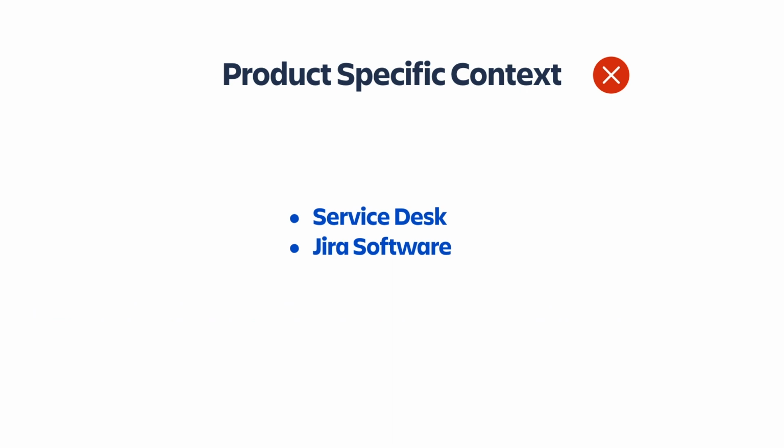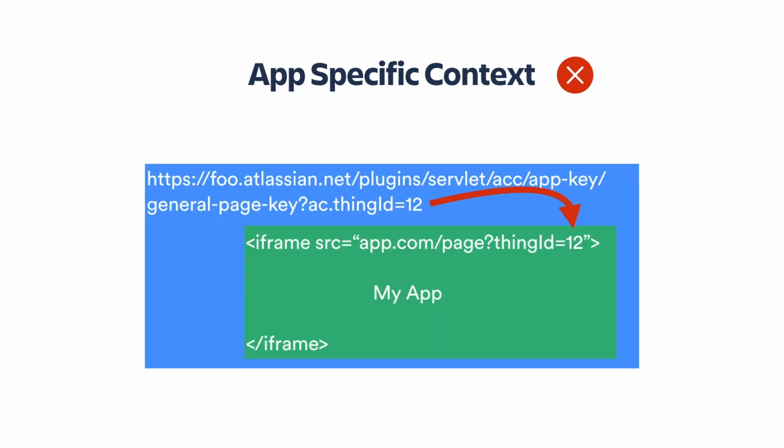The context objects returned by the new APIs don't yet have attributes specific to Service Desk and Jira software. So for example, your app won't be able to determine the current board ID or sprint ID. There's no reason they can't be added, but there just hasn't been time to implement the functionality yet. The page module allows apps to define their own context parameters.